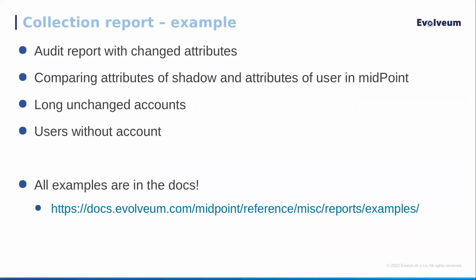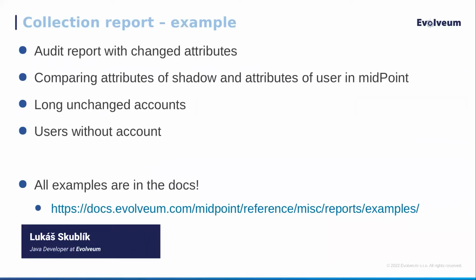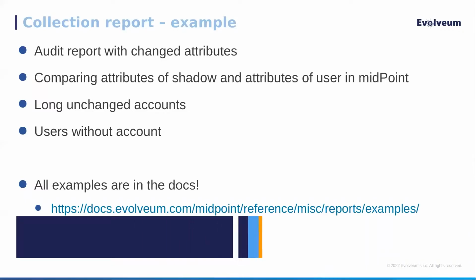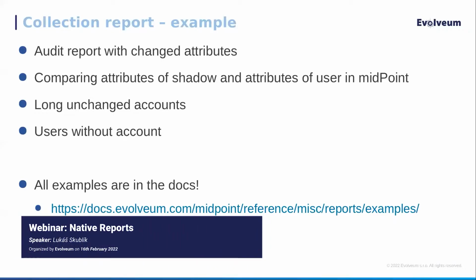Now we can describe some cases what can do collection report. The first use case is that we need create report for audit events of modifications with column for changed items. In the next example, we need report users with mismatched attributes.